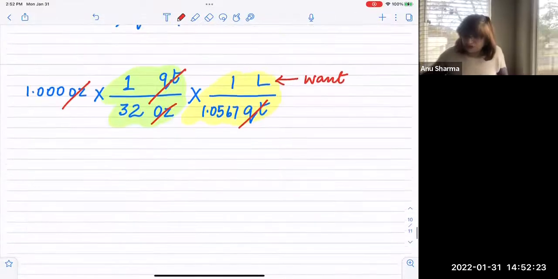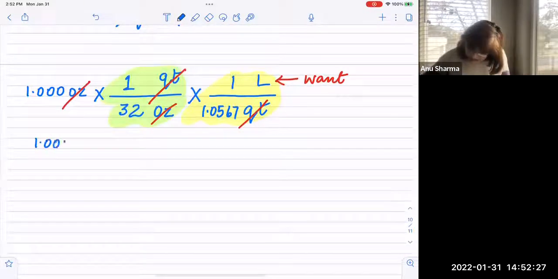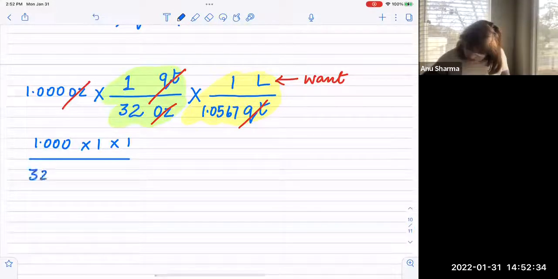And the rest is just doing the math, which means now you take 1.000 times 1 divided by 32 times 1.0567. And here, what do you get?